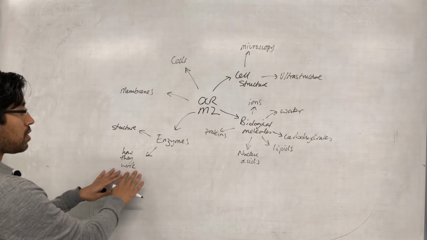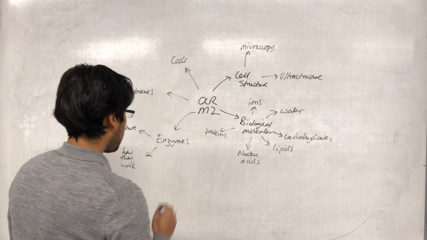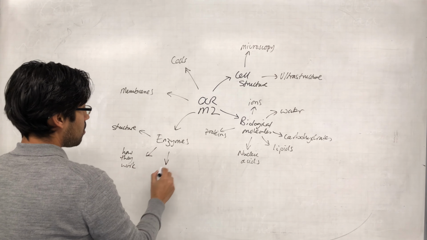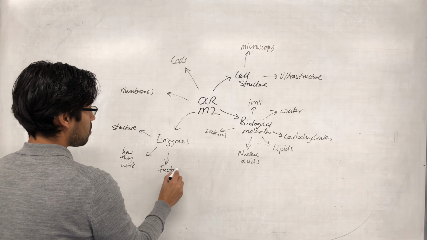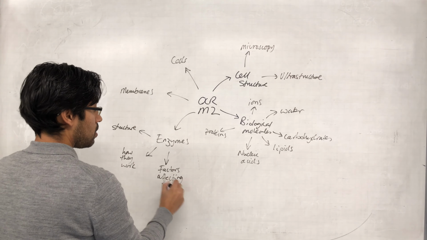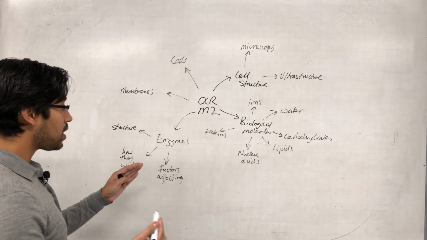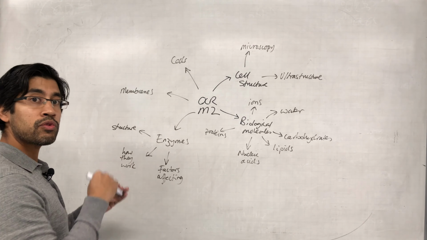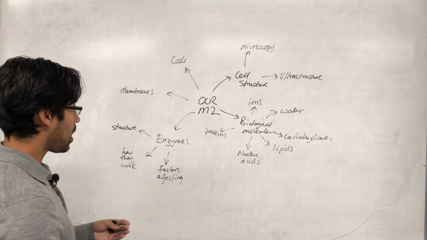How they work. The other common thing about the enzymes is factors affecting enzymes. So knowing how the different factors can affect the rate of an enzyme catalyzed reaction, and also being able to explain how that happens.